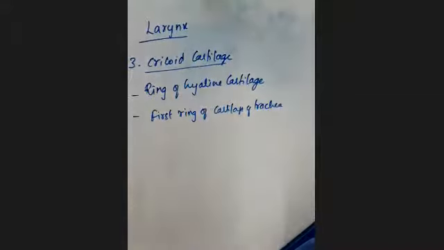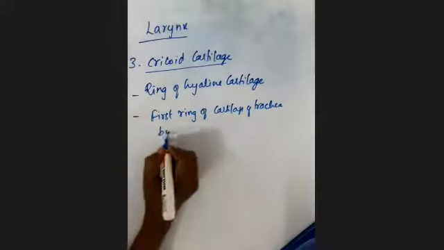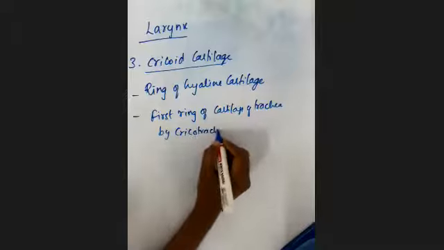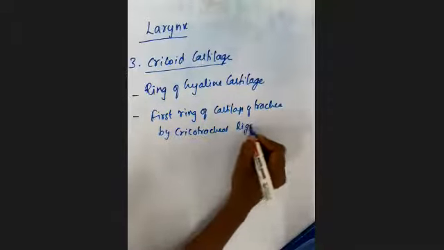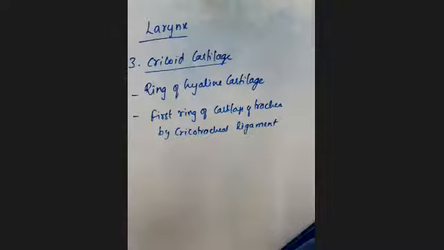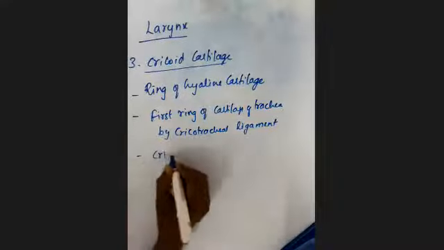As the trachea is also made up of rings, this cricoid cartilage attaches to the first ring of cartilage of the trachea mainly by the cricotracheal ligament. And this thyroid cartilage is connected to the cricoid cartilage mainly by the cricothyroid ligament.